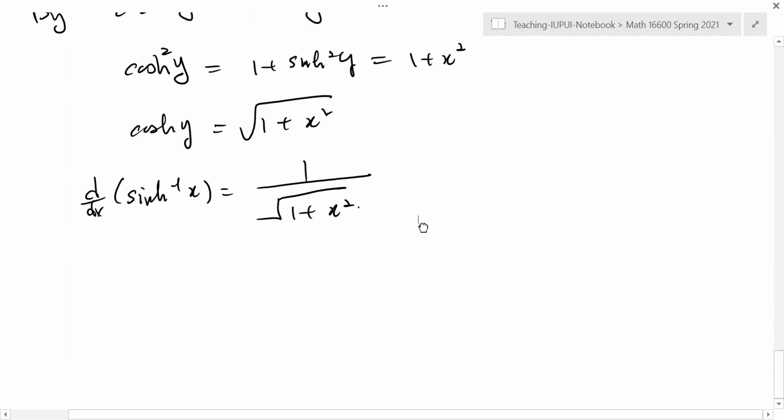All right, before we move on to the derivative of the other inverse functions, let's take a look at a couple of examples.